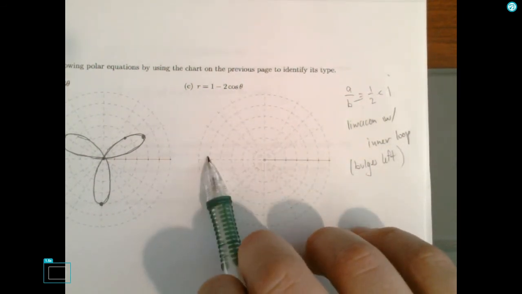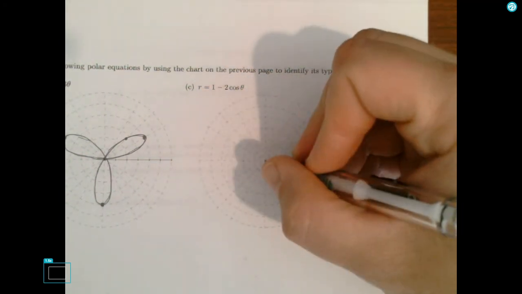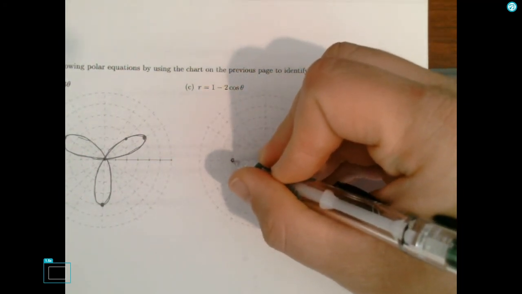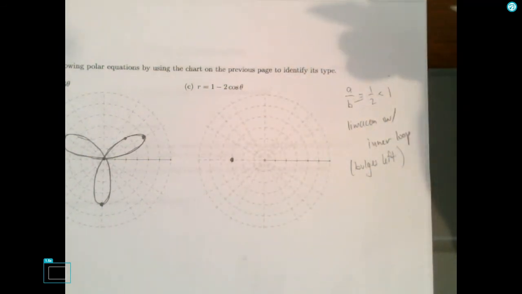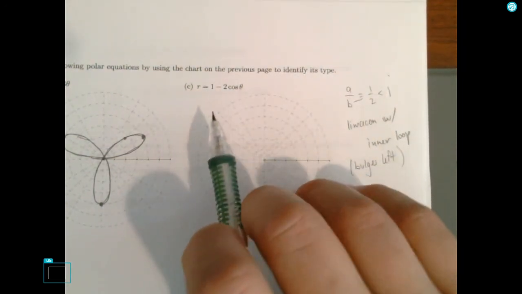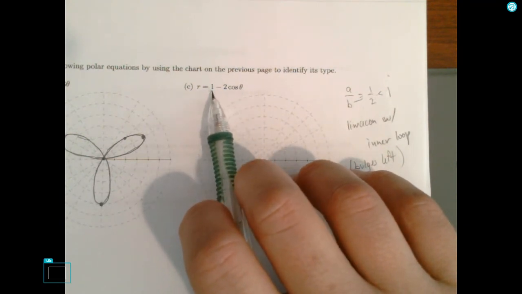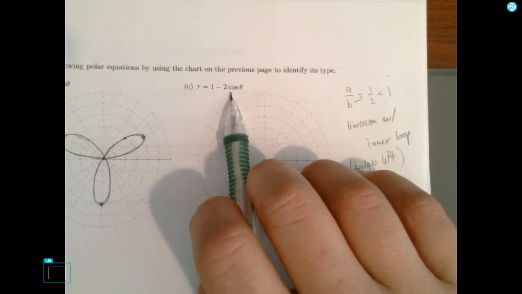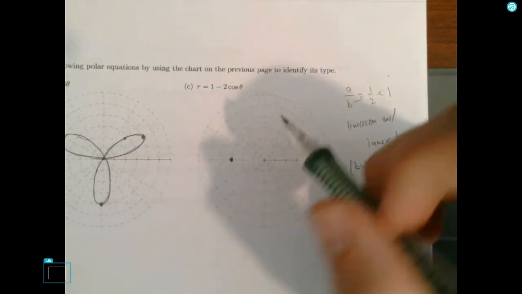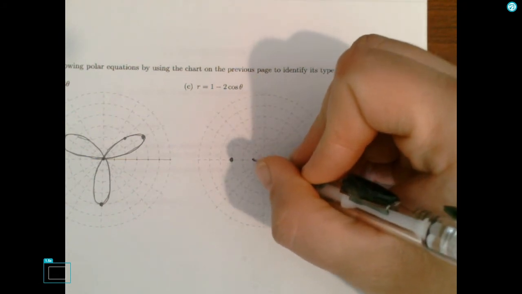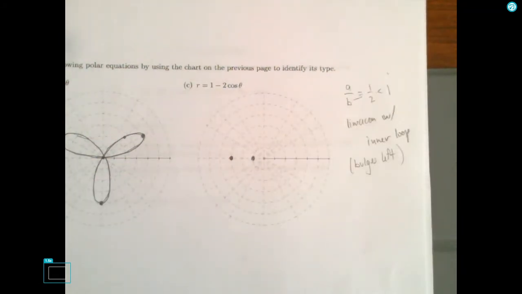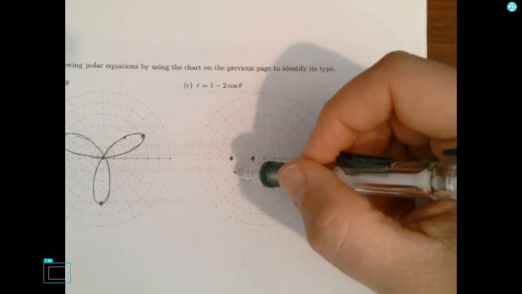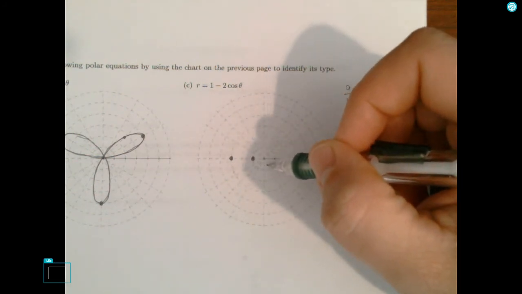So I know that at pi, r is going to be 3. What's the smallest that r can get? Well, when cosine theta is +1, I'll be subtracting 2 from 1 and get -1. When does cosine equal +1? That happens when theta equals 0. So at 0, I'm over here at -1, and that must be my inner loop. That's kind of how limacons work. That's not a lot of information to go on, but at least you know that it's going to come out to here, and that its inner loop is going to be out to here.